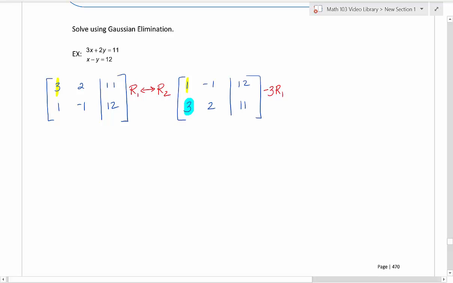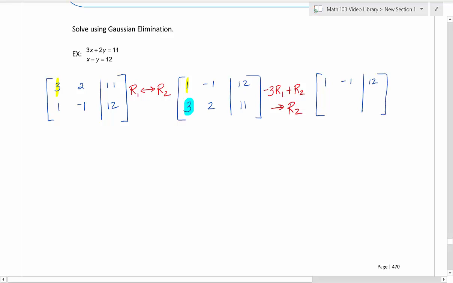All right, so we have negative 3 times row 1. Now we're going to add it to the row that we want to change, which is row 2, and that'll be our new row 2. The only row that's changing is row 2, so I always rewrite the rows that I'm not changing down right away.